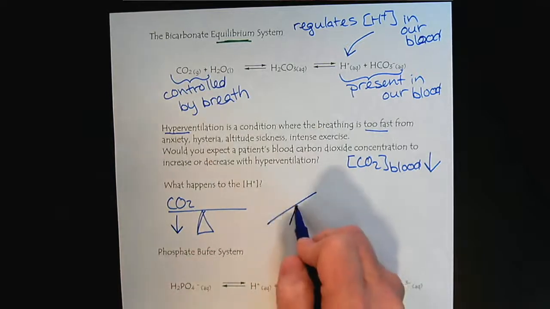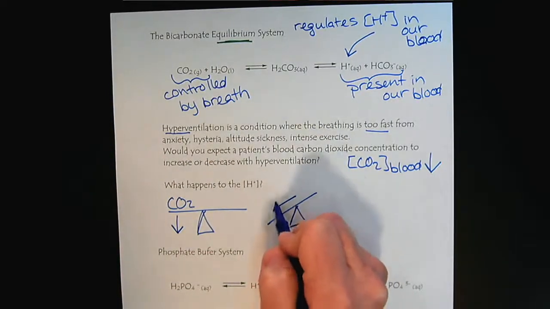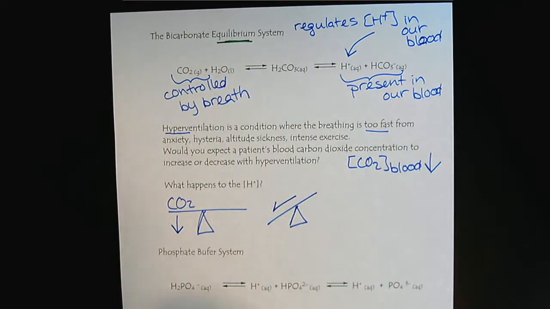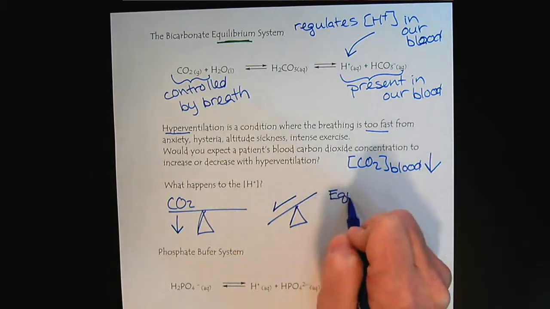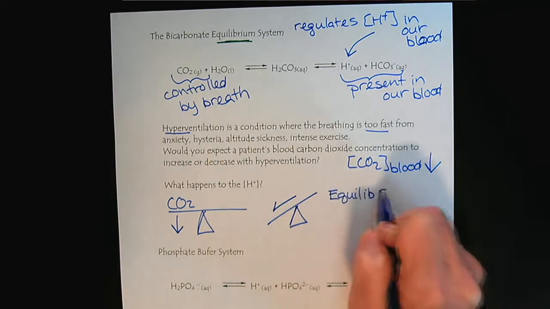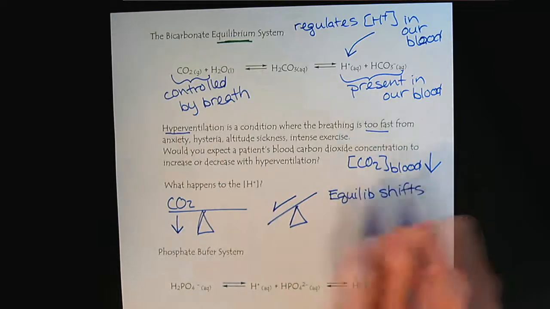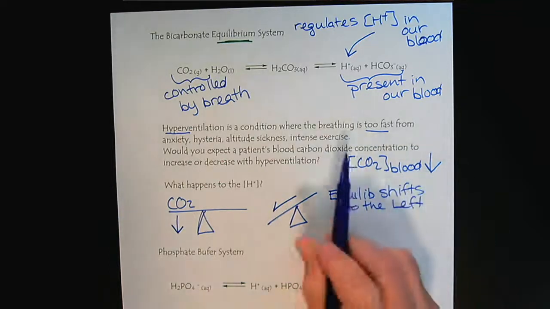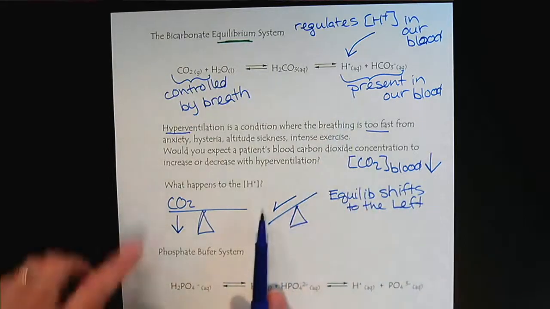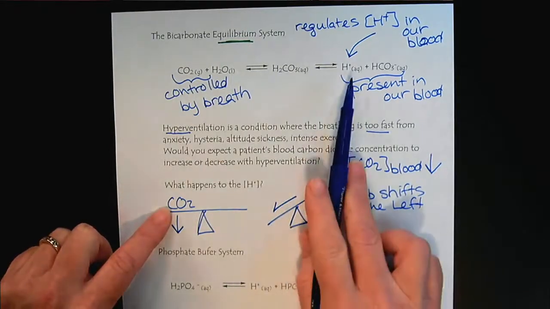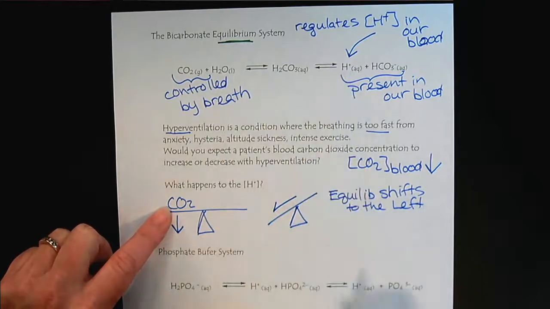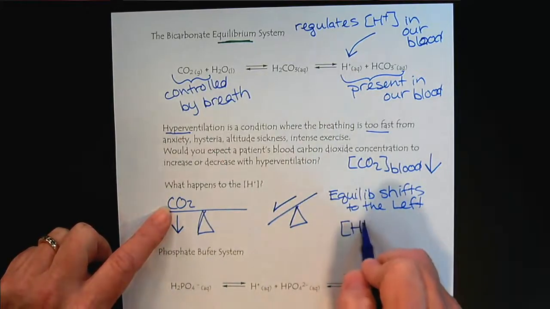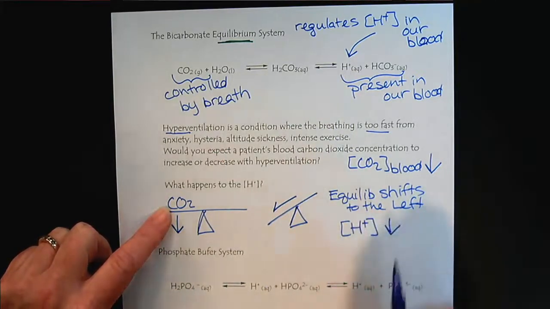That is going to shift the equilibrium to the left. So what is that going to do? That means it favors the CO2. So what happens to our hydrogen ion concentration? Our hydrogen ion concentration decreases.